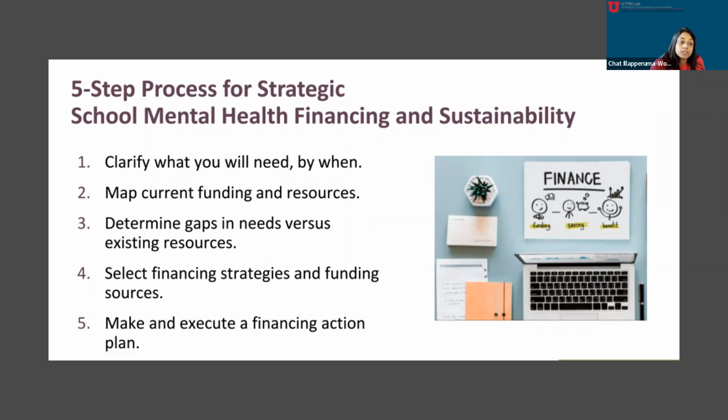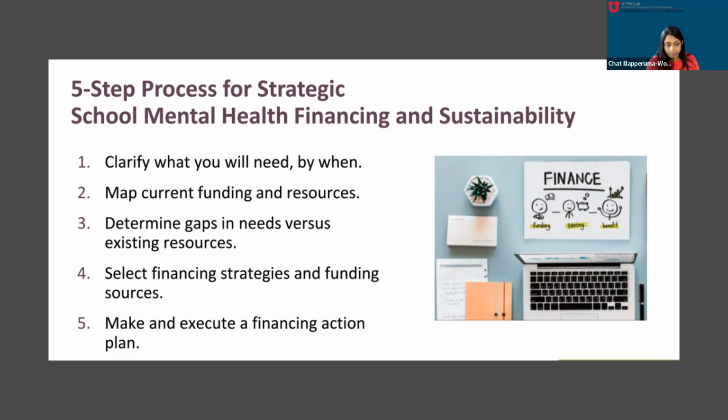What services, what supports do you need, and by when should you have them. Second step is, what are the existing current funds and resources that are available to you right now? Could be at the school level, could be at the district level, but is current and is available to you. Are there any gaps in what you need and what you have right now?